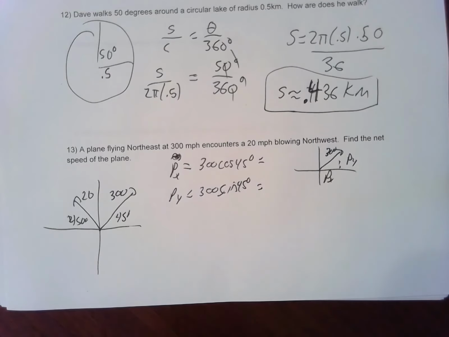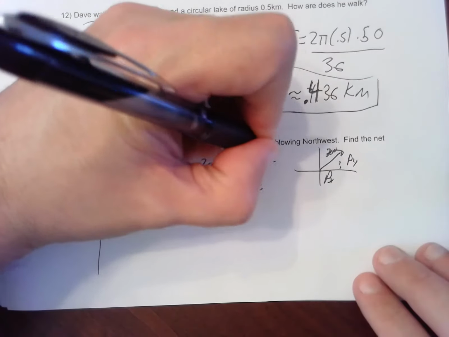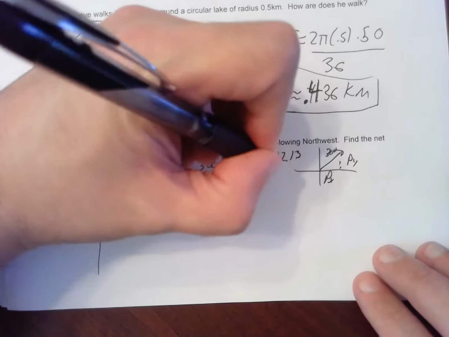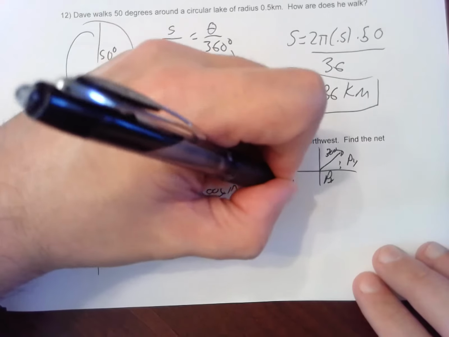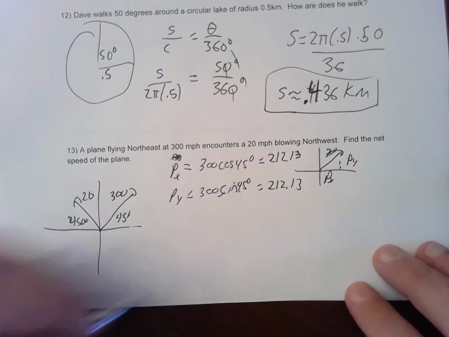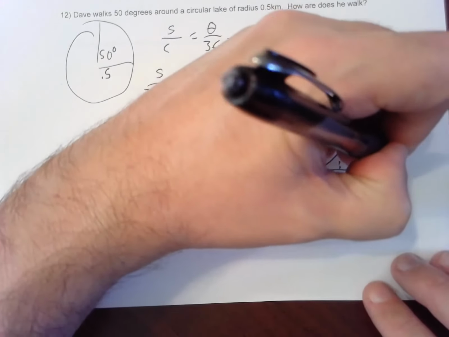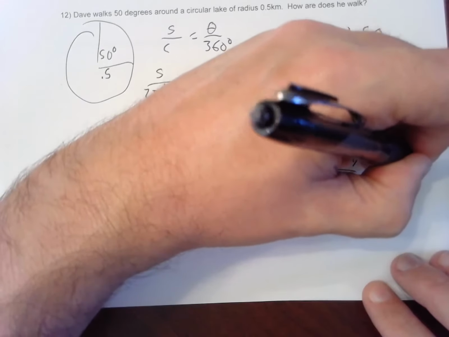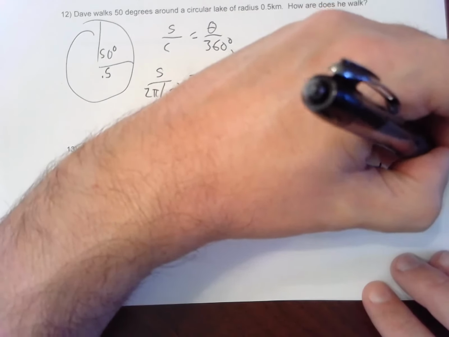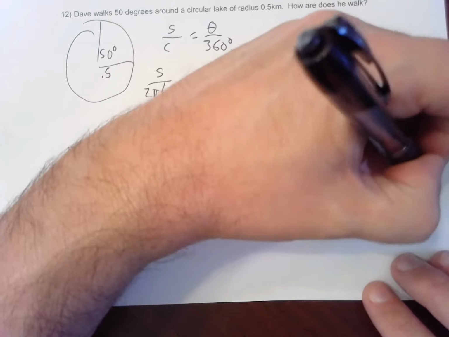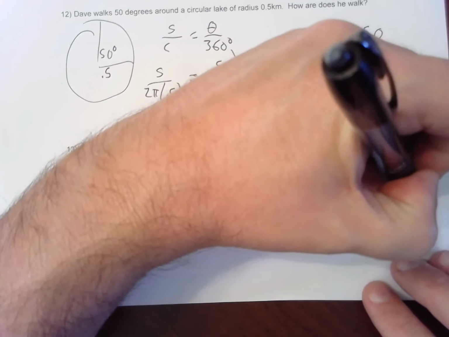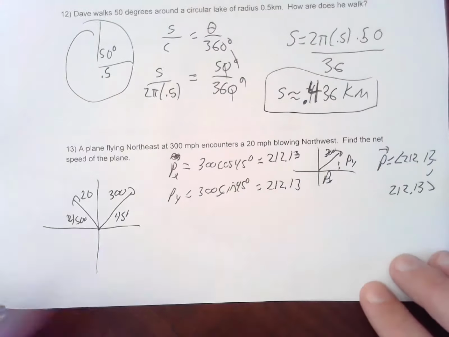And yeah, we could use root 2 over 2 and all that, but here we're going to use the calculator. And these are both 212.13. Okay, so that's my P vector, 212.13, comma, 212.13.